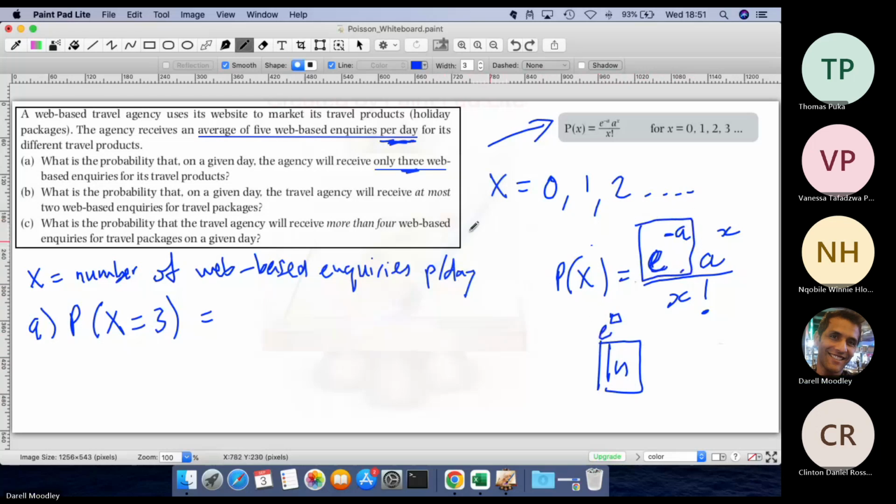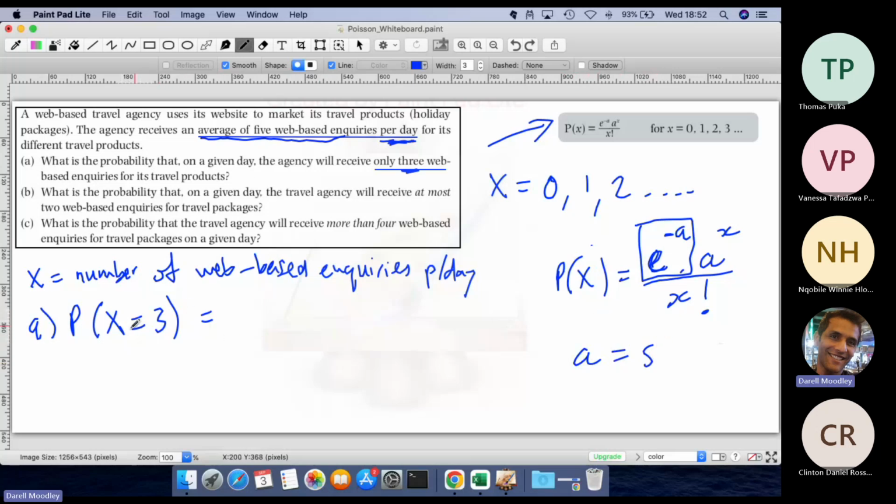The only thing you need to know for this equation is that your A is the average that's given to you in the question. If you look at the question, it says an average of 5 web-based inquiries per day. So your A is given to you in the question, which is 5.